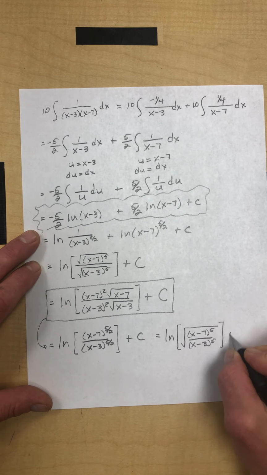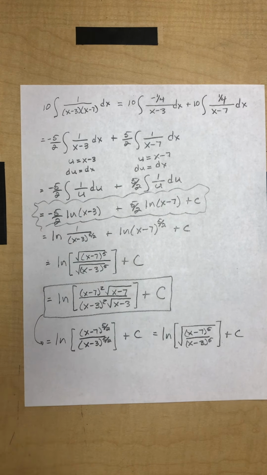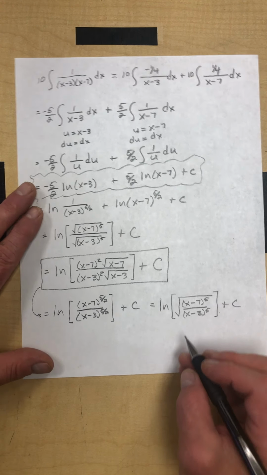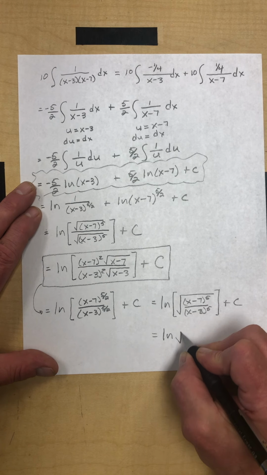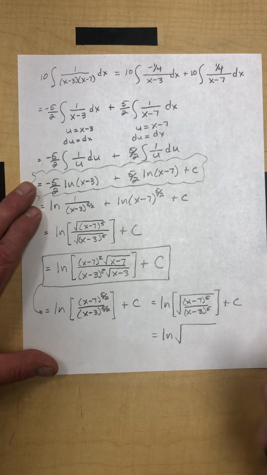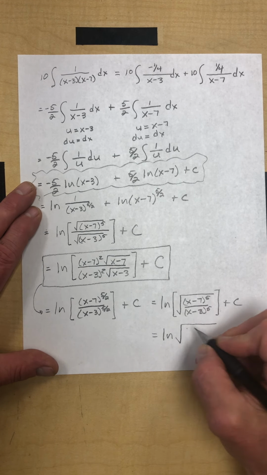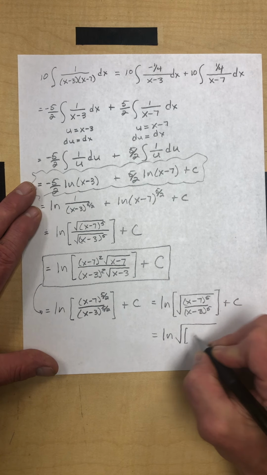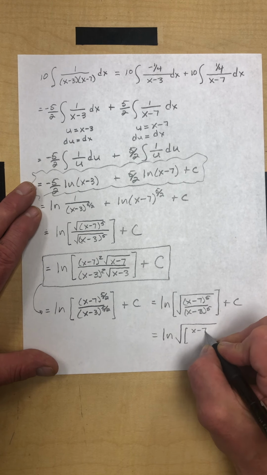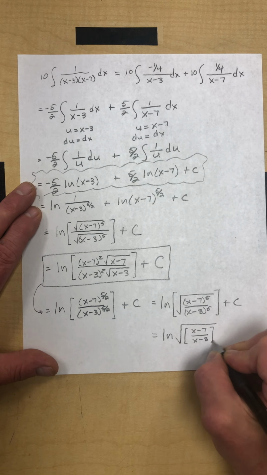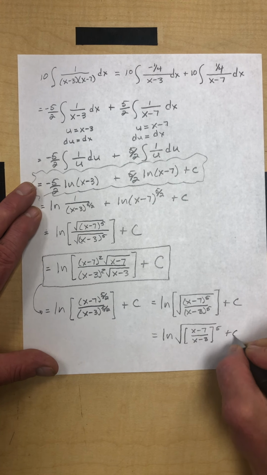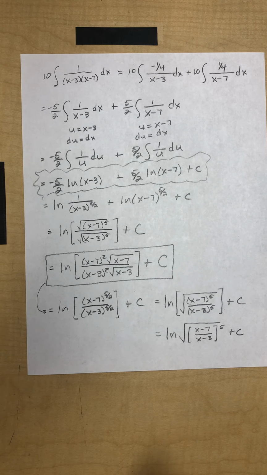Maybe something a professor would be okay with. And maybe one more: natural log of the square root of this whole thing to the 5th power, x minus 7 all over x minus 3 to the 5th power. So there are some other possible forms of your answer.